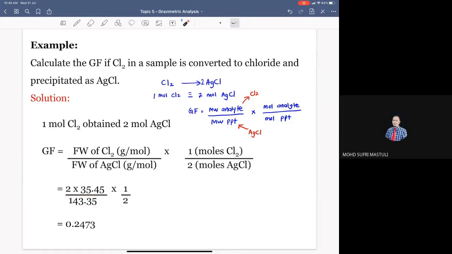Then you multiply by the mole of analyte, which is 1, over the mole of silver chloride, which is 2. When you calculate using a calculator, you can obtain this gravimetric factor.